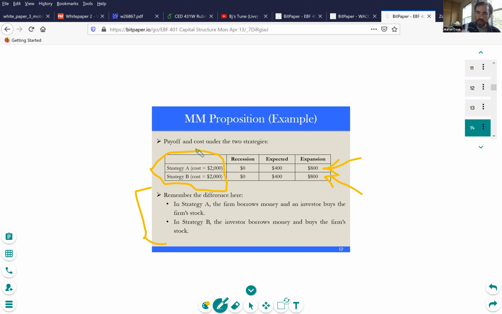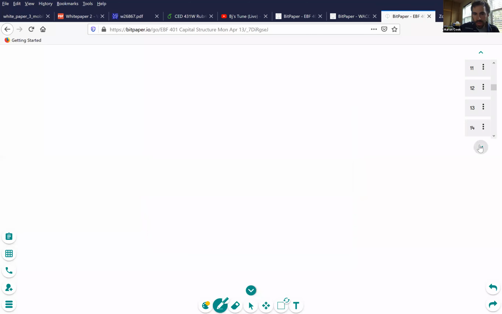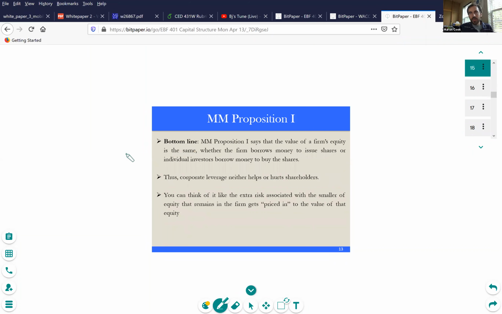Those are summarized here. The costs are both 2,000 and the payoffs are both 0, 400, and 800 in these different states of the world. Right. So this is an illustration of the way that Modigliani and Miller's Proposition 1 plays out.